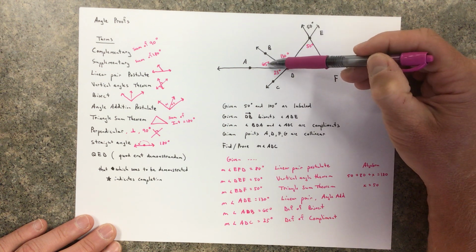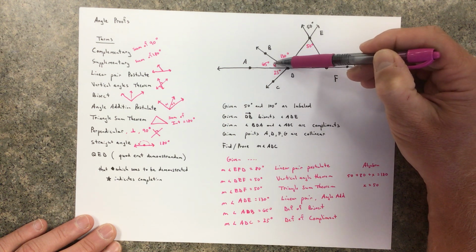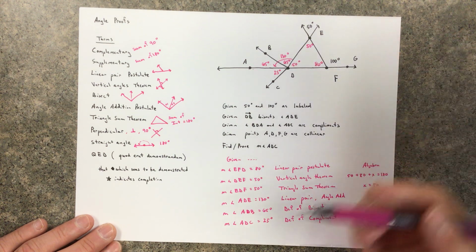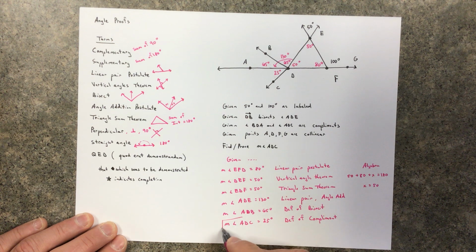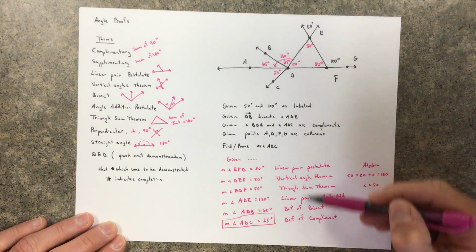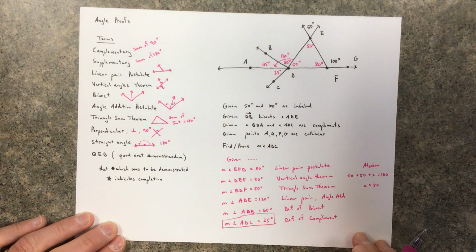And then I knew if this was 65, this had to be 25 because those two angles were complements. And again, all of those were given. So I worked it down from the given piece of information, and now I have angle ADC, and I know for sure it's correct because I justified every single step, and that's what an angle proof might look like.